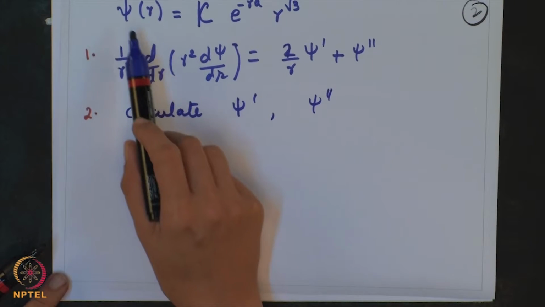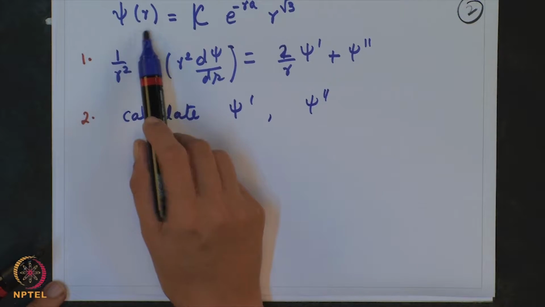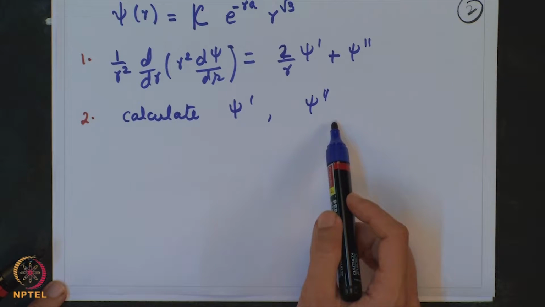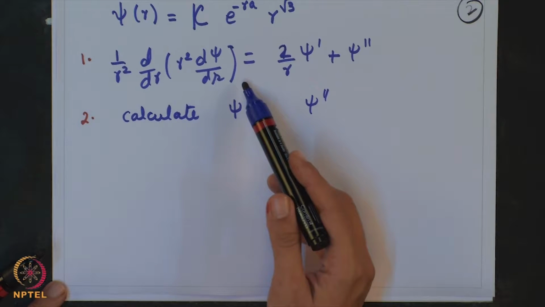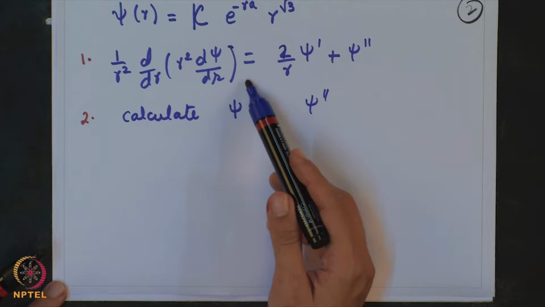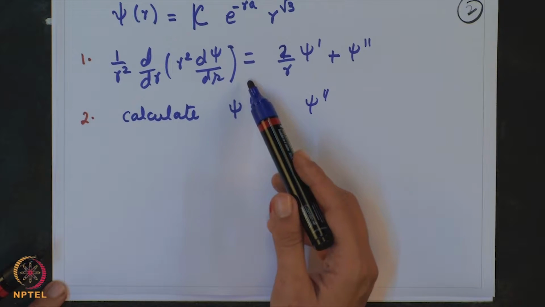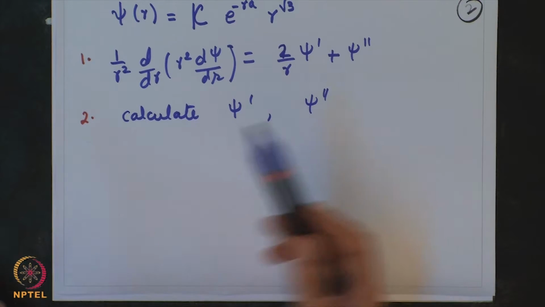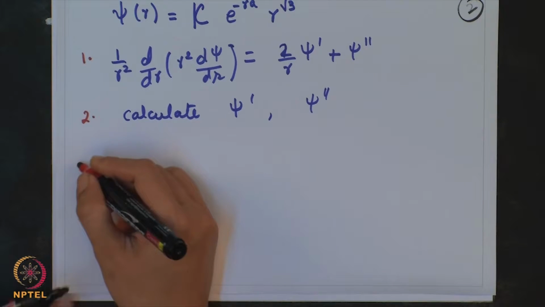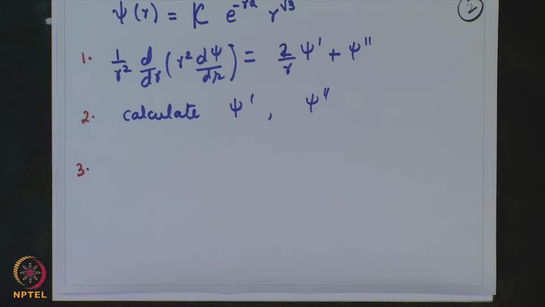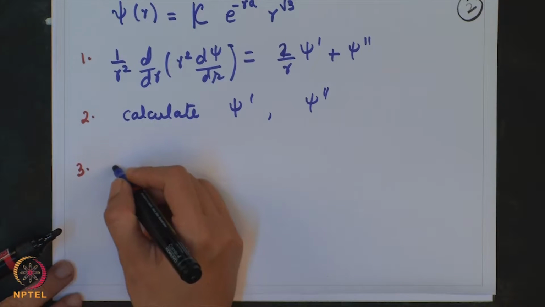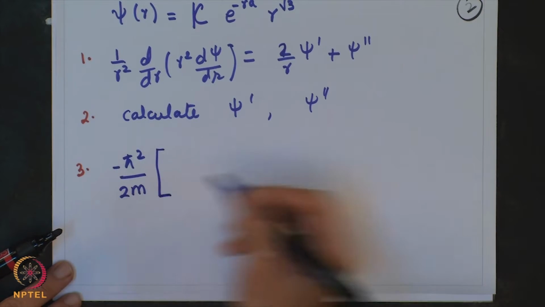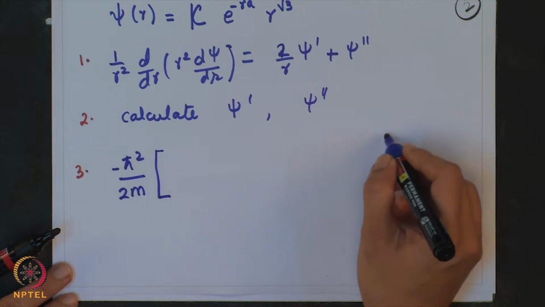You have psi as a function of r, and you will evaluate these two quantities, substitute them in point 1, and then go back and substitute this in the Hamiltonian. So, point 3 will be h cross square upon 2m, the part which you will calculate.